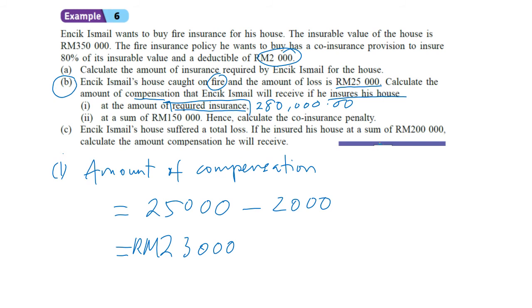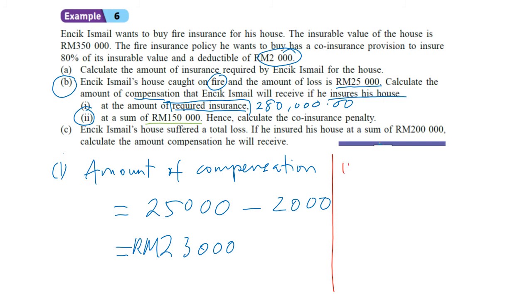But what happens if he insured his house for only 150,000? You have to use the formula just now, the second one.